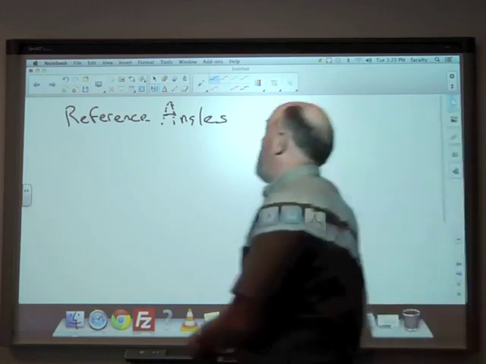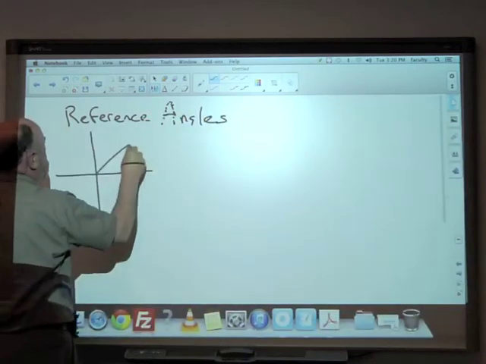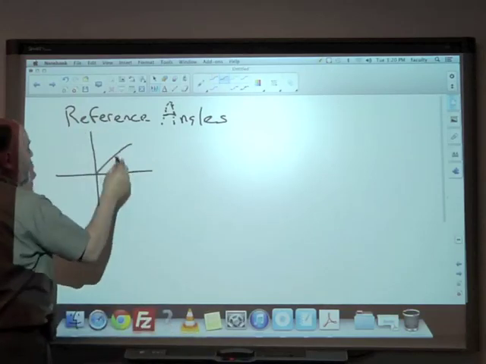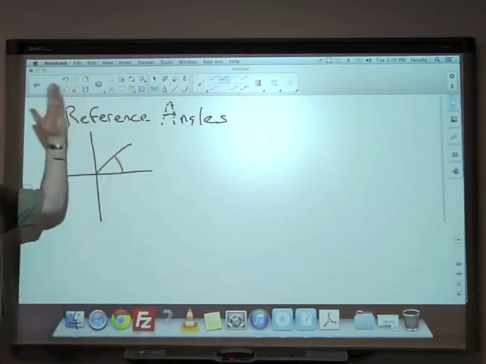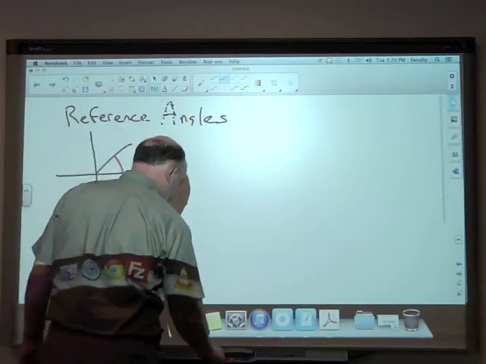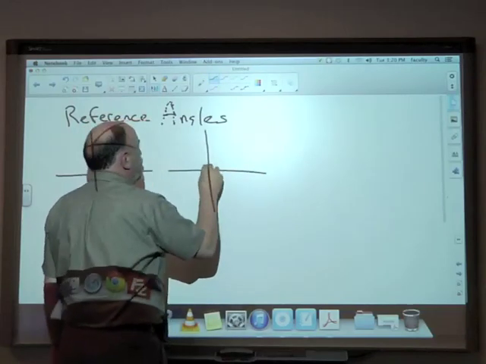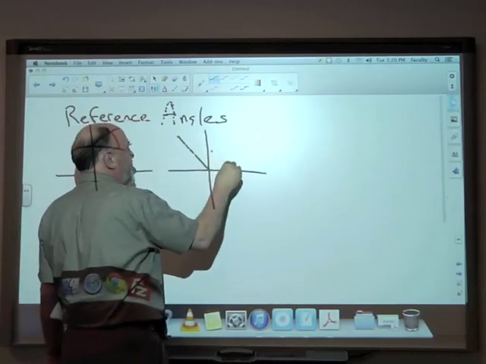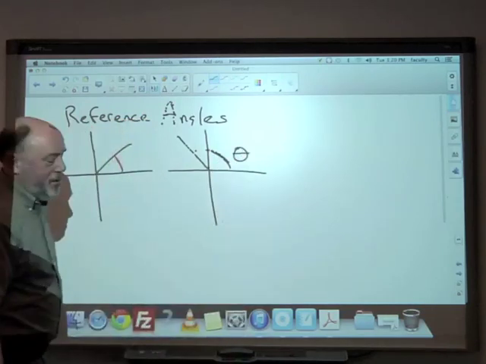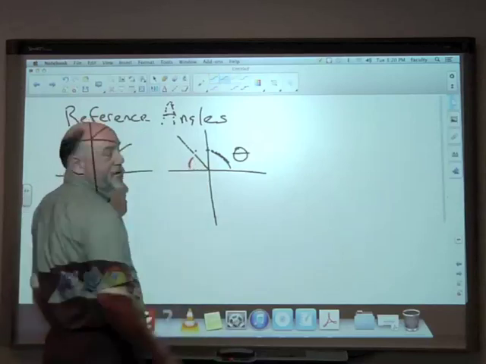So in terms of the various quadrants, in quadrant 1, my reference angle is going to be whatever that is. It's always going to be the number in quadrant 1. In quadrant 2, so now my angle is over here. So here's my angle theta, maybe. This is theta. My reference angle is going to be this number in here.